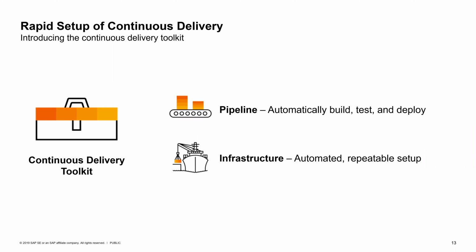We currently have it implemented in the form of Docker images and containers that provide you with an automated, repeatable setup of your continuous delivery environment. So you don't need to install certain plugins or all that. You just start it up and it's all handled for you automatically, as far as it's possible to do it on the infrastructure side.